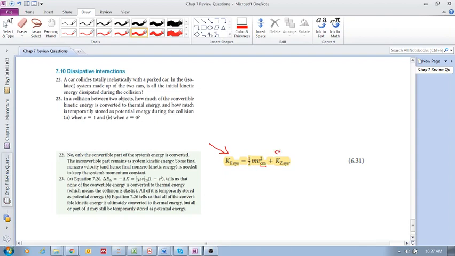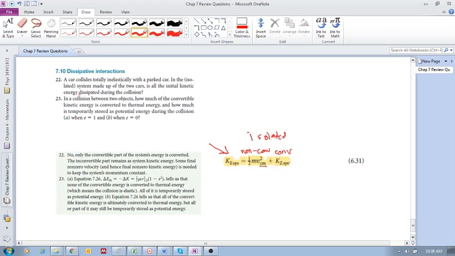This is your convertible kinetic energy, and that's your non-convertible kinetic energy. Remember, in an isolated system, this part cannot change. Your non-convertible kinetic energy cannot change, but your convertible kinetic energy can change. So this is the way to answer this question.